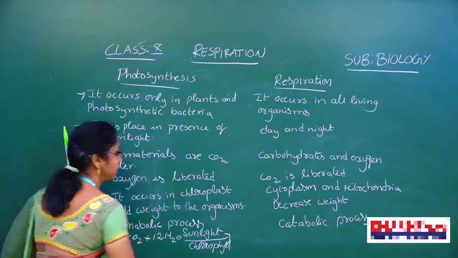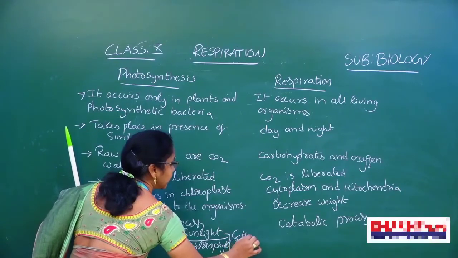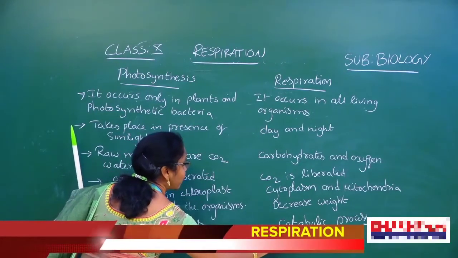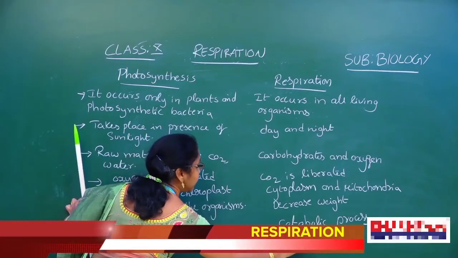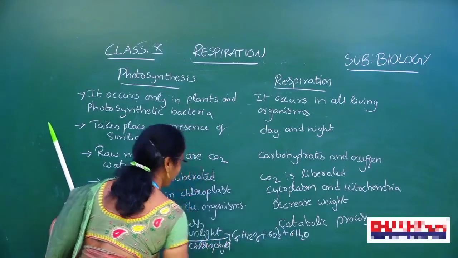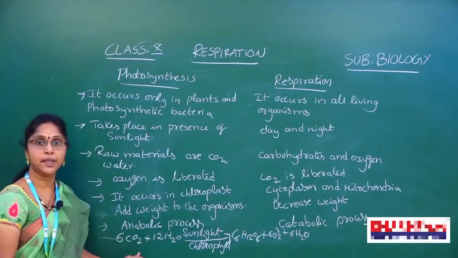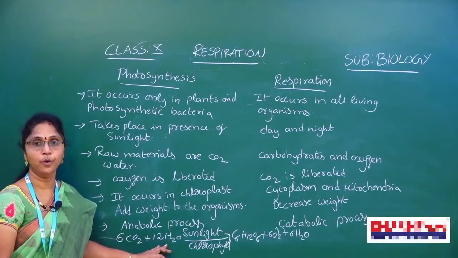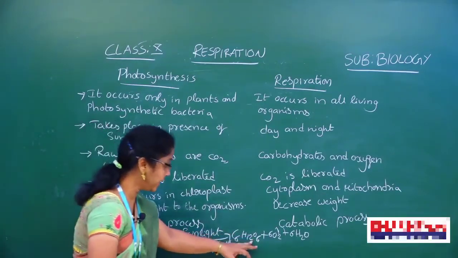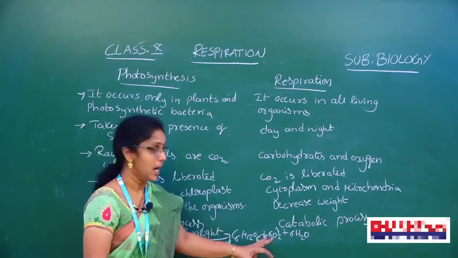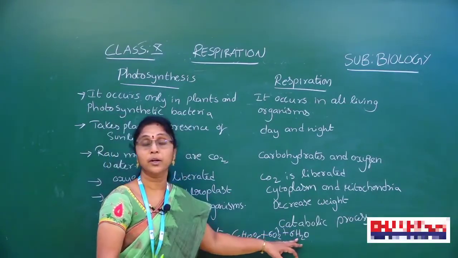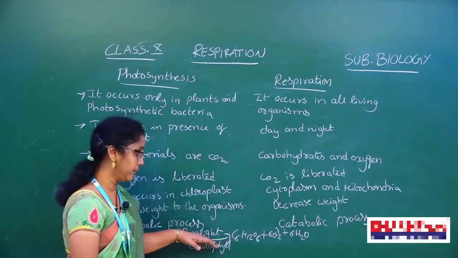What will we get? C6H12O6 plus 6O2 plus 6H2O. This is the equation of photosynthesis. 6CO2 and 12H2O in the presence of sunlight and chlorophyll give a glucose molecule, and oxygen is released into the atmosphere. The water is also released. This is the equation of photosynthesis.